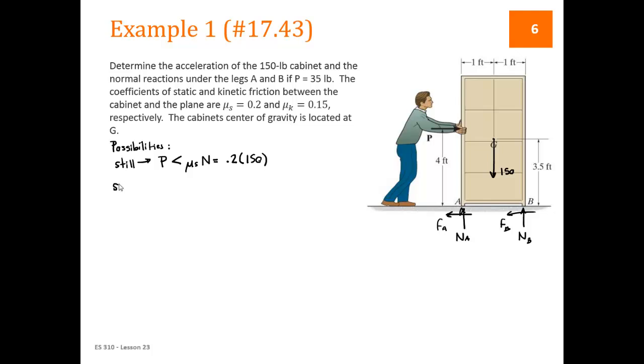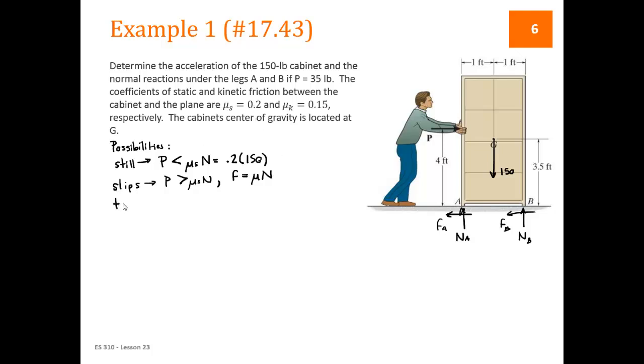The second possibility is that it slips. If it slips, then P is going to be bigger than the static friction, and the friction is going to be equal to mu times N for each case. So FA would be mu times NA, FB would be mu times NB.